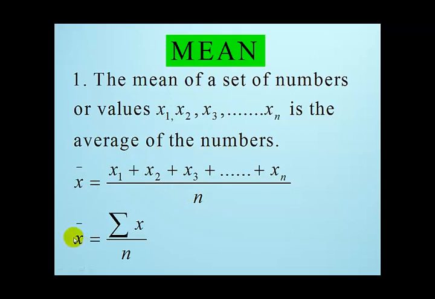So the mean, that is x bar, is equal to the summation of x, that is sigma x, divided by n, where n represents the number of values. So the mean is given by summation of x divided by n.